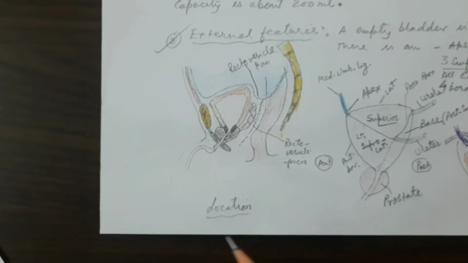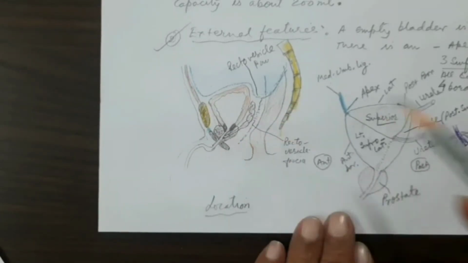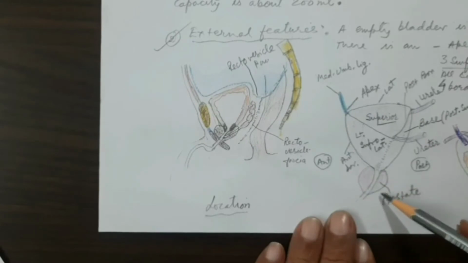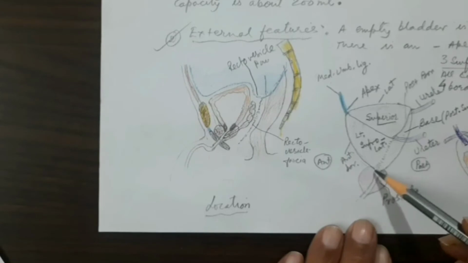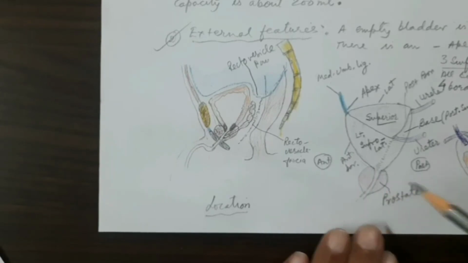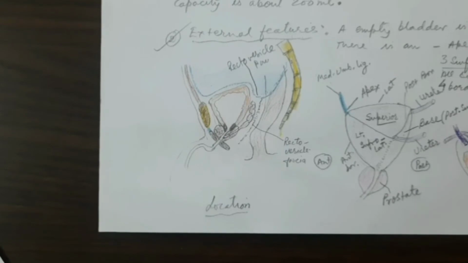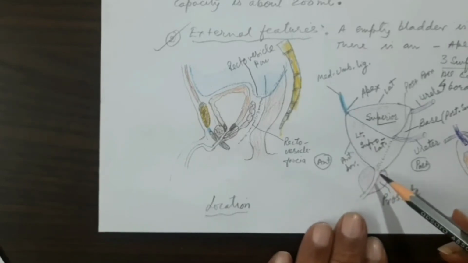And the neck is related, as seen here in this diagram, to the prostate in the male, because it is directly resting onto the prostate. But in the female, since there is no prostate, it is related to the pelvic fascia.